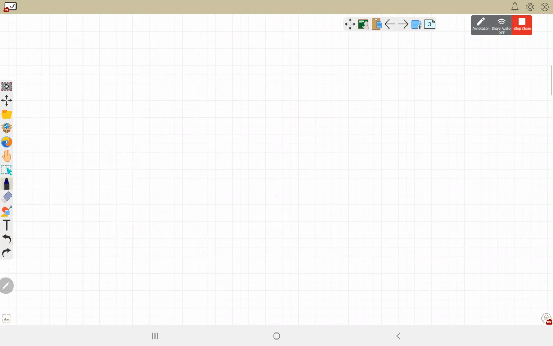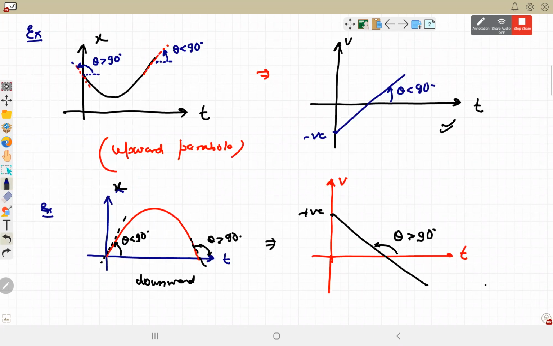Now, the next type of question is when we have a velocity position graph, and we have to draw the acceleration graph. Sorry, acceleration position graph.